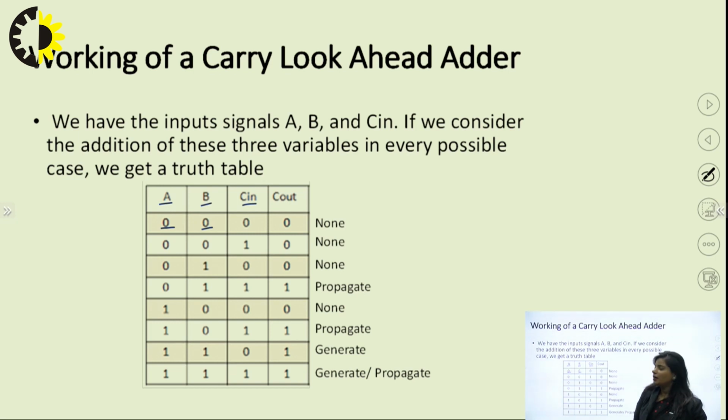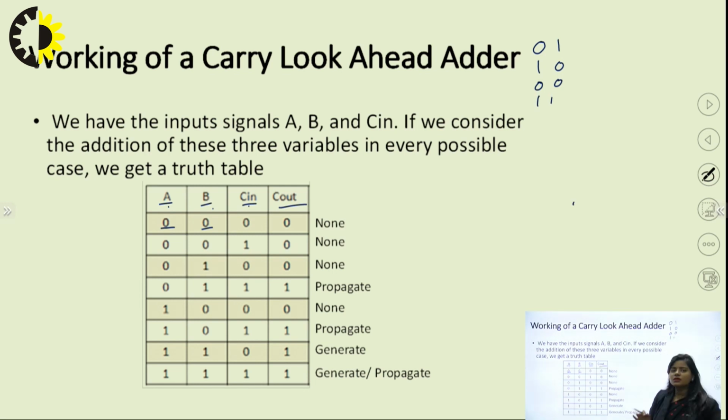Now I am going to tell you about the truth table. We have A, B and C in. These three inputs have some combinations of 0 and 1, and based on these inputs I get an output, C out. C out is nothing but the carry which comes after the addition of these three input pins. So let's start. Earlier I told you about 0 0, 0 1, 1 0 and 1 1.